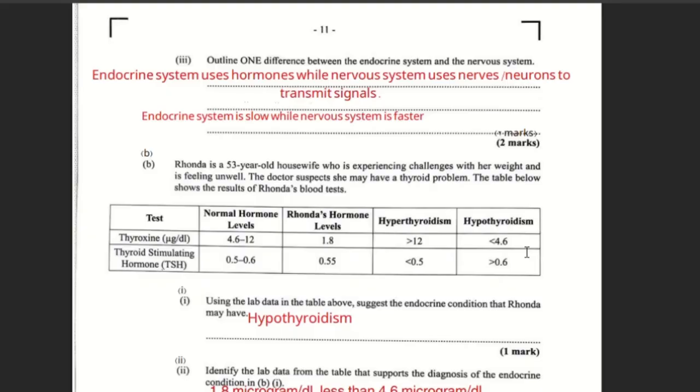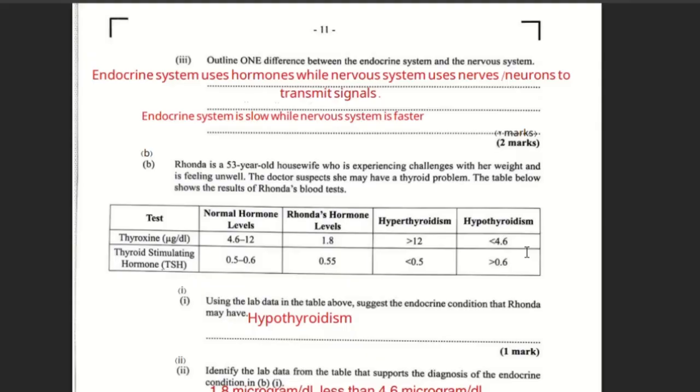The endocrine system releases hormones within the bloodstream, and the nervous system uses neurons to send messages all over the body. You have your motor neurons, sensory neurons, all of those things. And the hormones are a different situation.